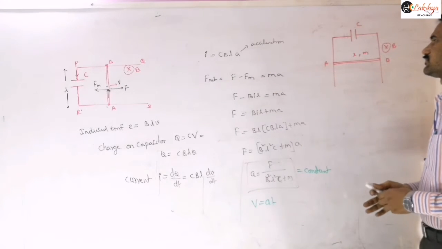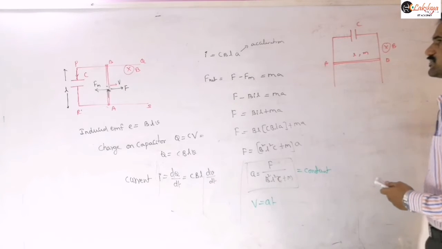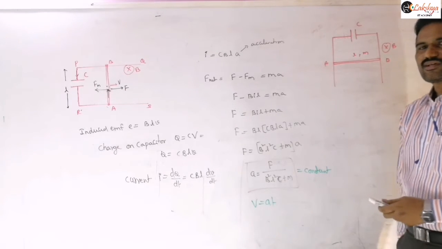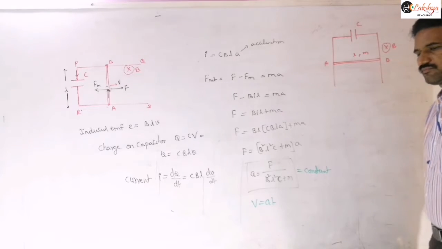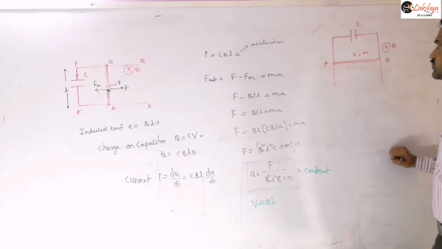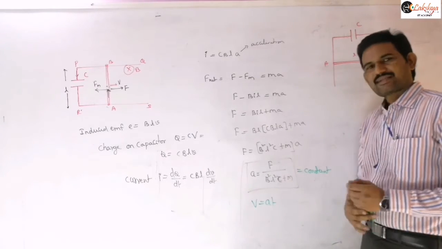So just to mention that, if the circuit in the previous problem is placed vertically as shown, in a horizontal magnetic field of induction B, and if the rod is released from rest, then find acceleration of the rod.